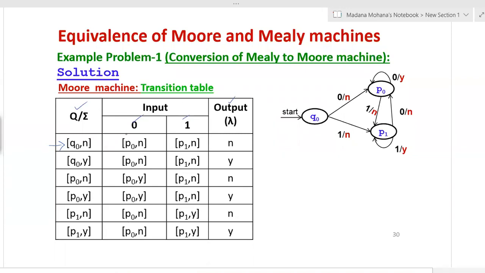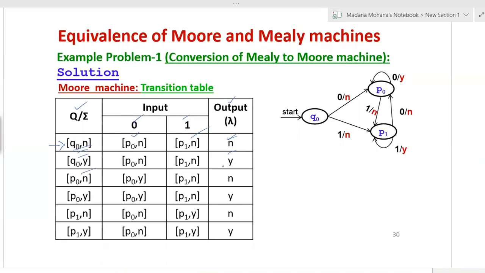Now by seeing the above diagram or delta dash values, you can directly write the transitions. Q0 n on 0, its next state is P0 n, on 1 P1 n. Irrespective of inputs, it has a common output. For Q0 n, the output is n. That's why we separately mentioned the output column. Then Q0 y, its output is y.